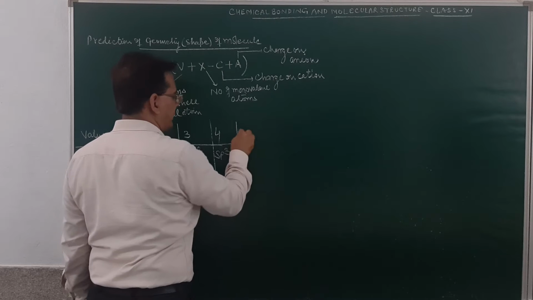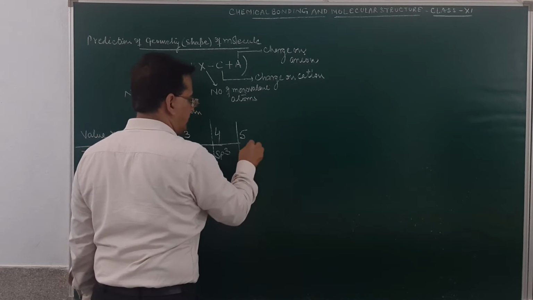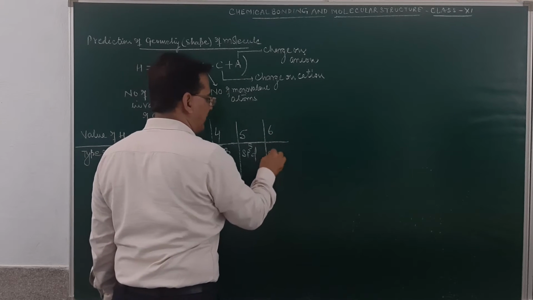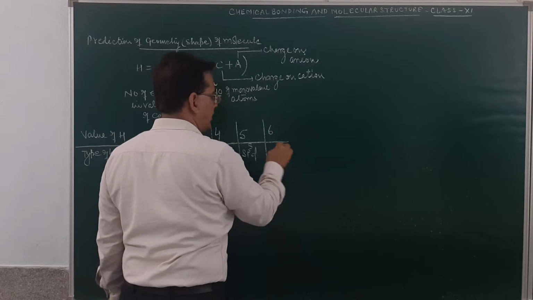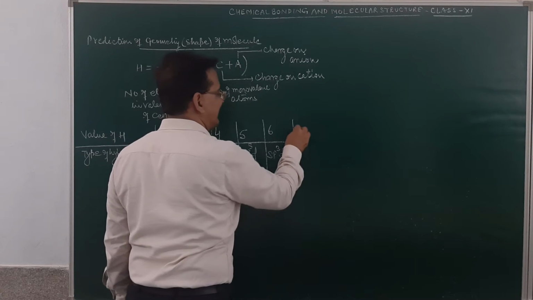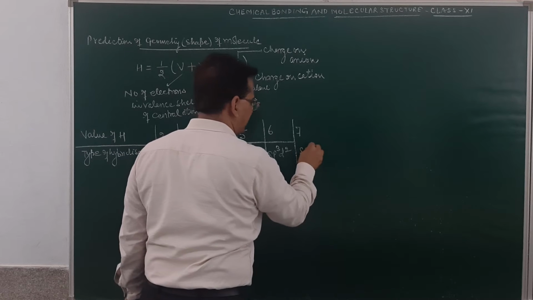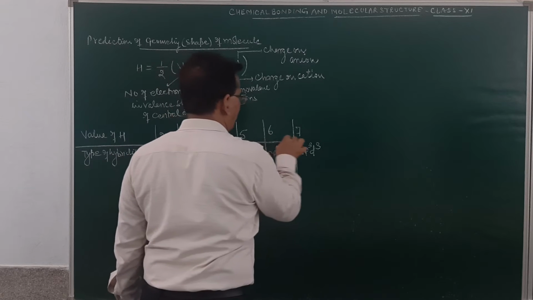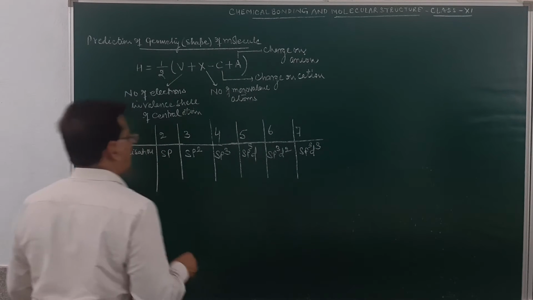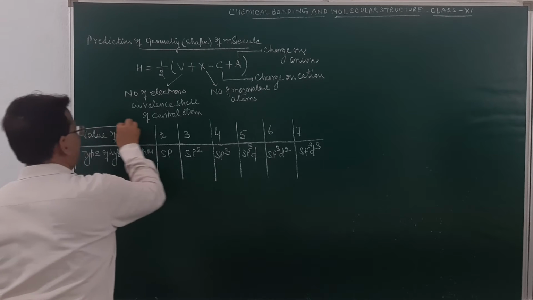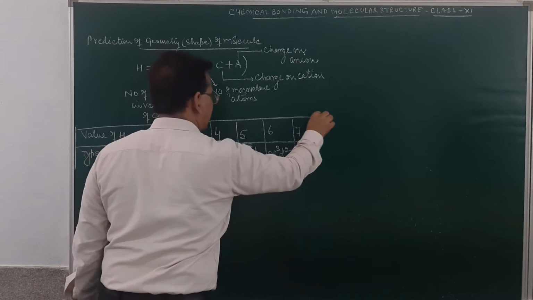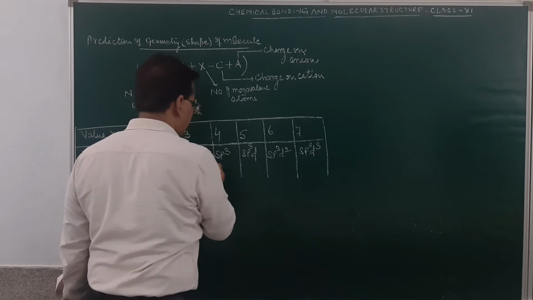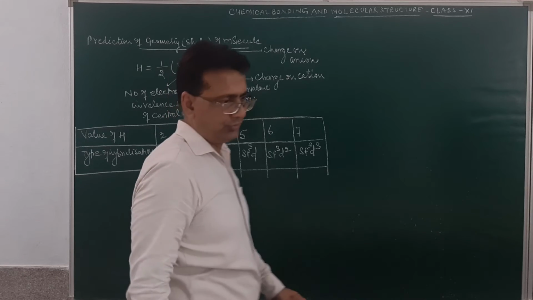If it is 5, sp3d. If it is 6, sp3d2. And if it is 7, sp3d3. Am I clear, students? We will find out the value of H and from this value, we will be able to find out what type of hybridization is present in the molecule. Is it clear or not?